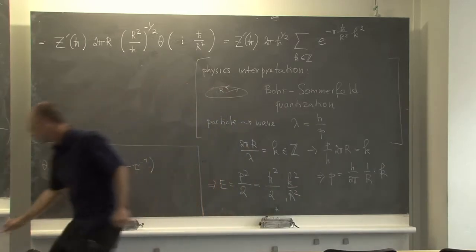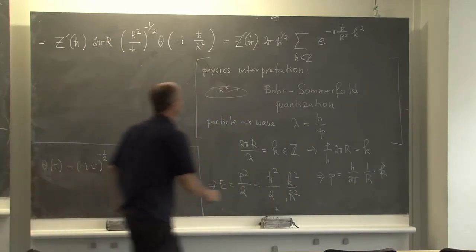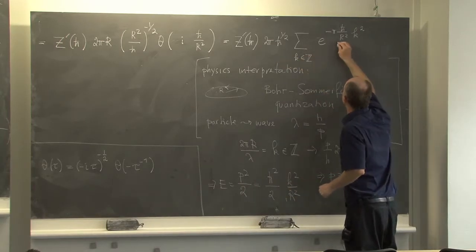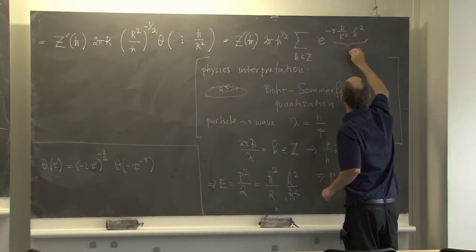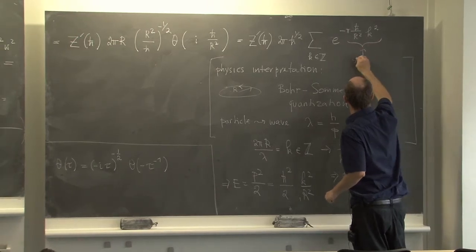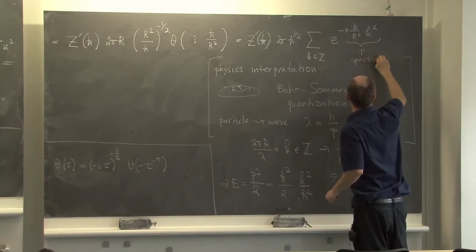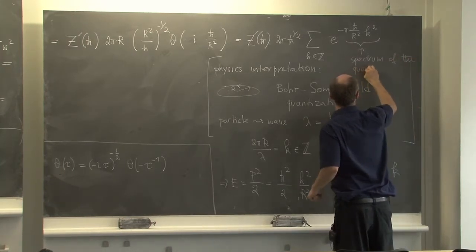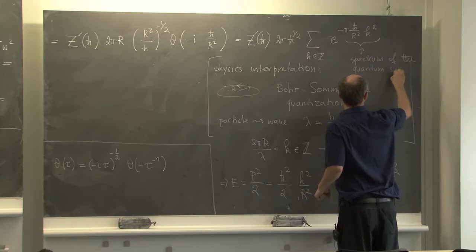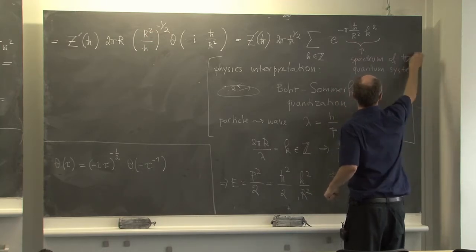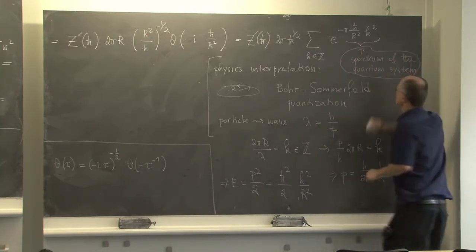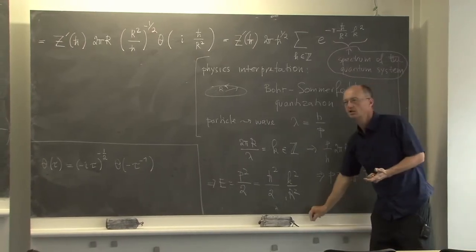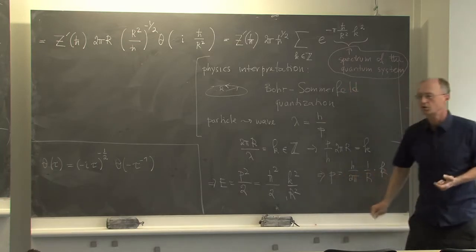So in fact, after this Poisson resummation, we obtain another expression for our partition function, and here we have the spectrum. That's the spectrum of the quantum system. That's just for you to know how it works.